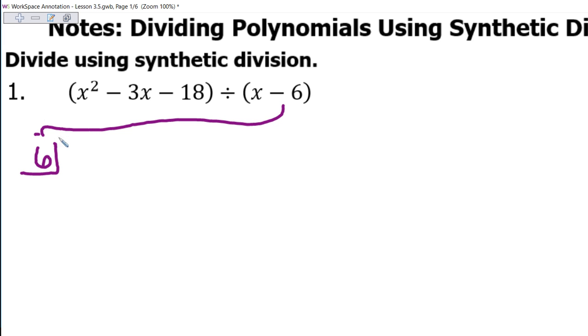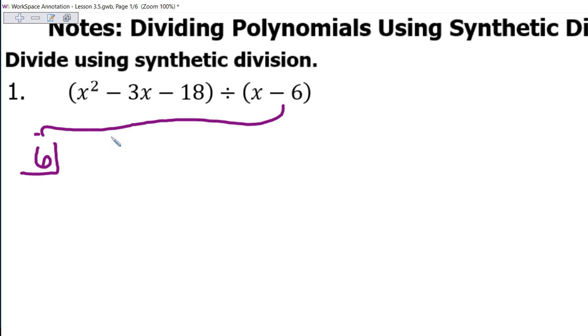Now the second step, you need to write the coefficients across the top row for the first polynomial. Make sure whenever you change the sign, you put half of a box around it to separate it from our row of coefficients.